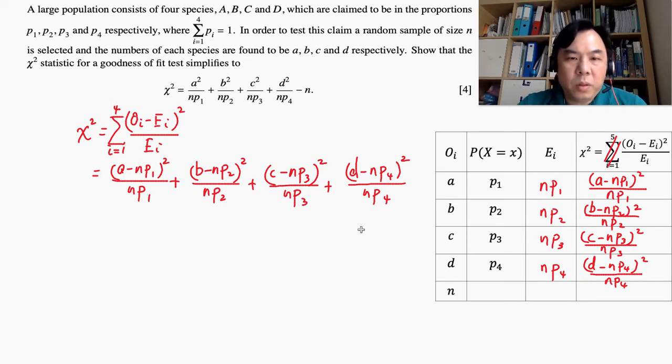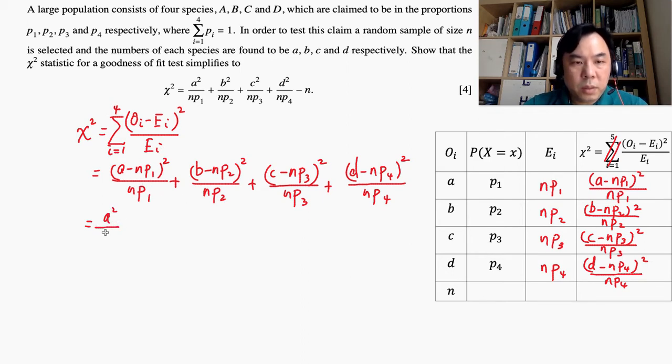I think most of you would be very good at this algebraic manipulation here. So I'll just carry out the expansion in this case. If I expand this, I would get a square. Here I will rearrange it directly.